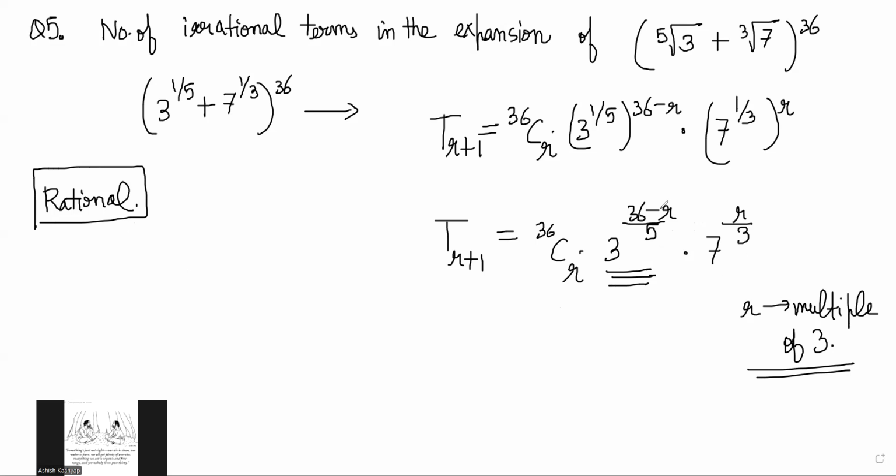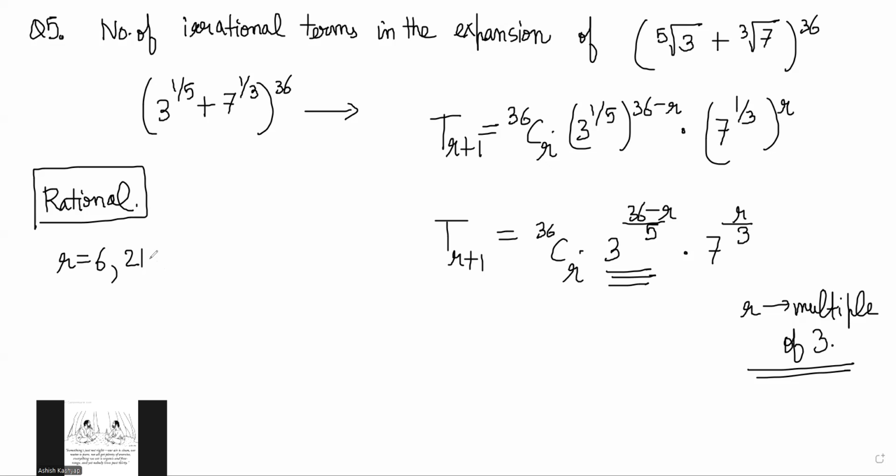So for example, when R is equal to 3, you'll get 33 by 5. That doesn't work. But R is equal to 6 definitely works. You have 30 by 5, which is 6. Then 9 doesn't work. 12 doesn't work. 15 doesn't work. Then 18 doesn't work. 21 does work, because 36 minus 21 becomes 15 by 5. 24 doesn't work. 27 doesn't work. 30 doesn't work. 33 doesn't work.